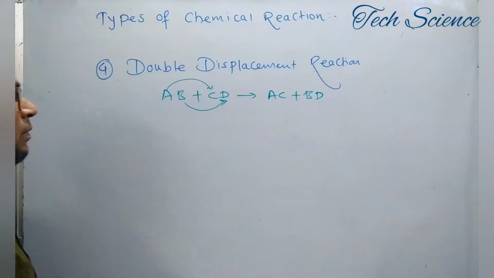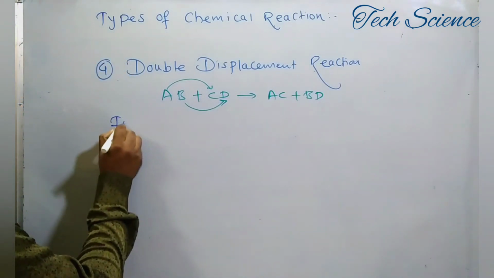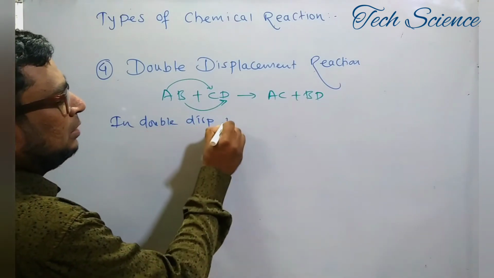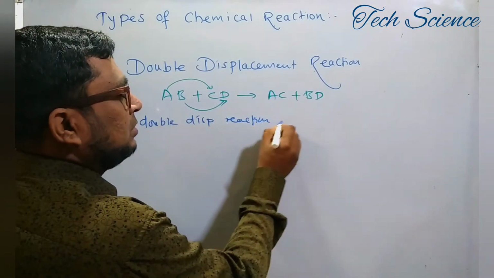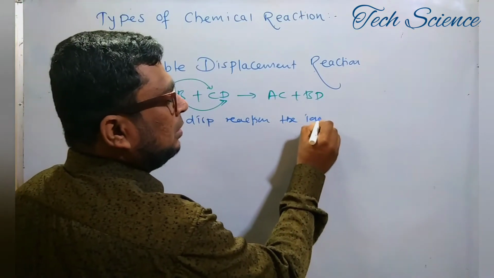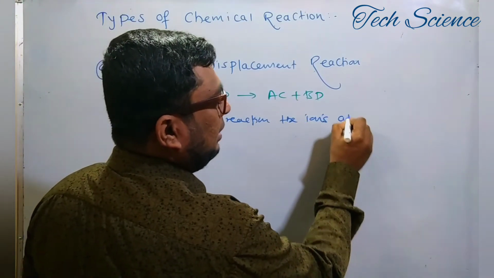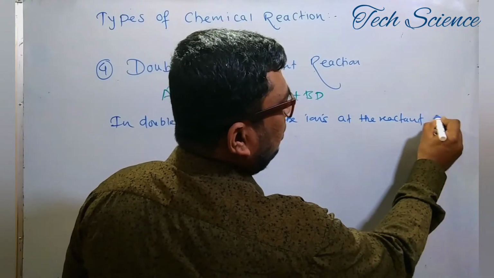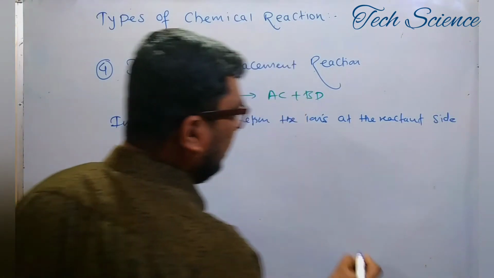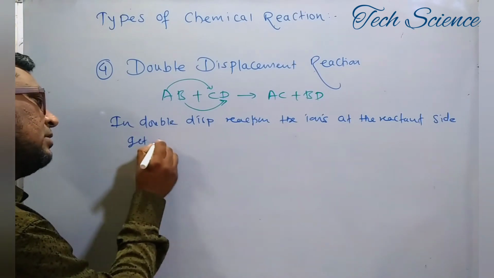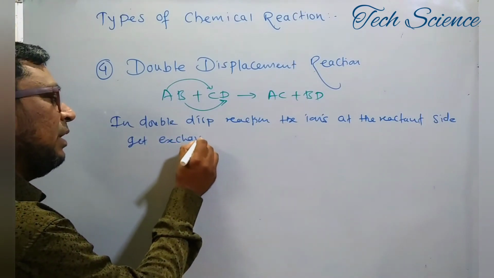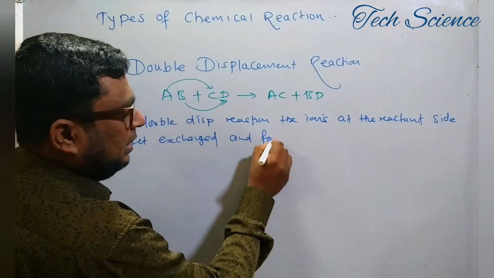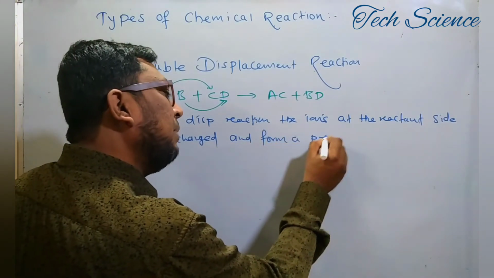So what is the definition of double displacement reaction? In a double displacement reaction, the ions at the reactant side get exchanged, or they make pairs with each other, exchange and form a precipitate, a PPT.